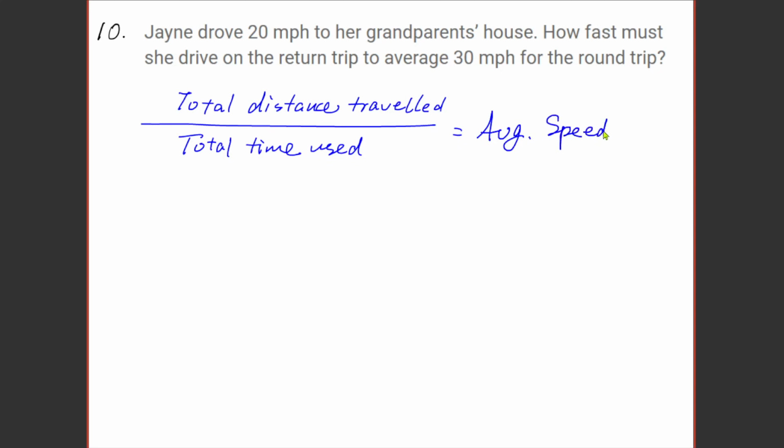Of course, you should be careful with the unit you use here. So if the total distance traveled is in miles, and total time used is in hours, then the average speed must be in the unit of mph, miles per hour. So we need the distance here, but we don't know that, so we could use the letter D be the distance.